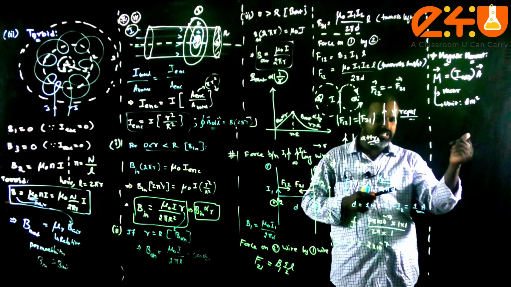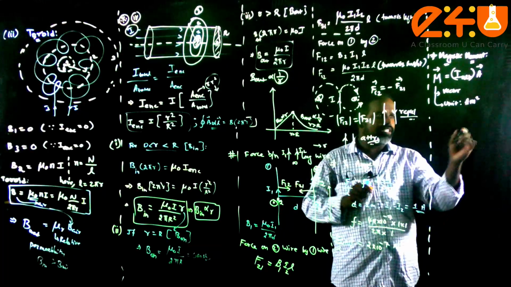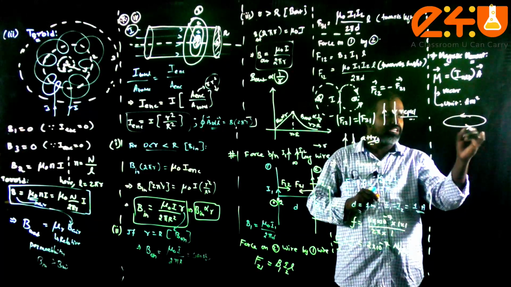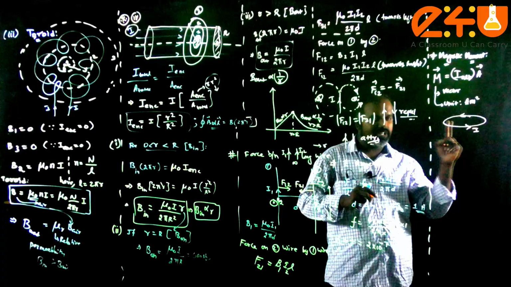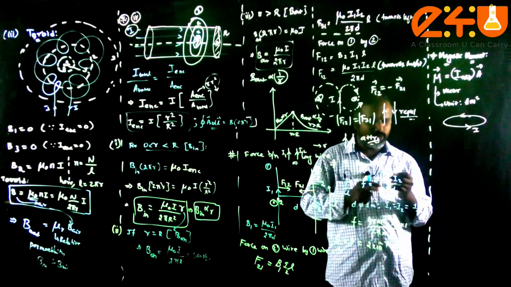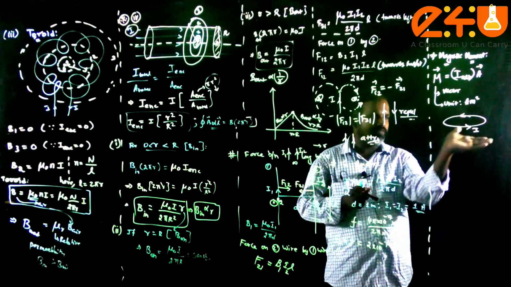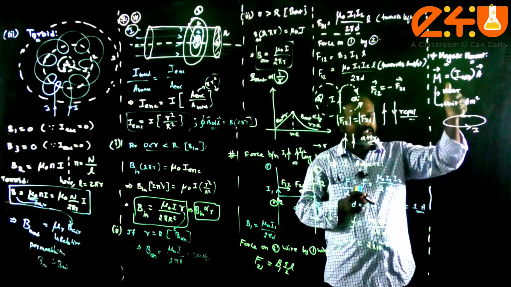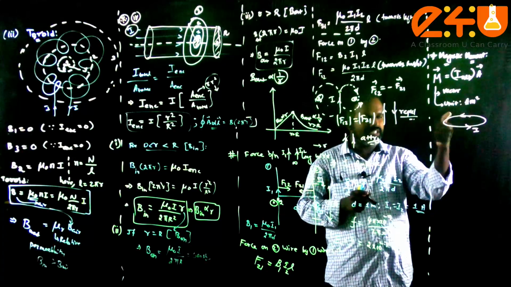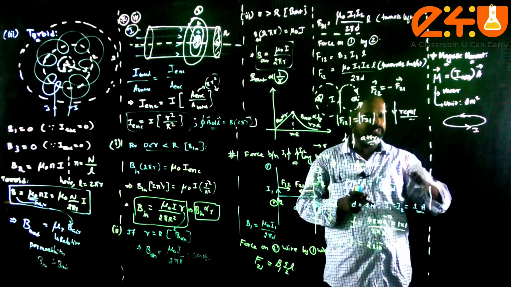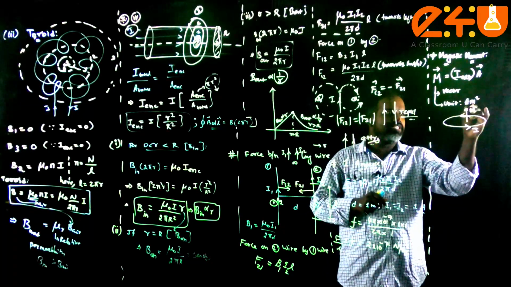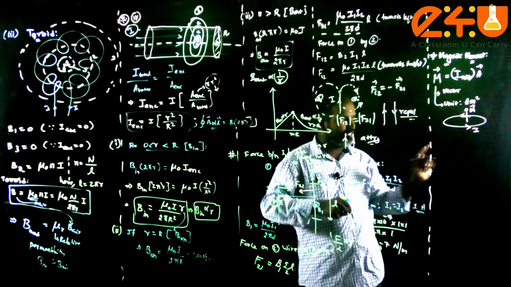Again, the right hand thumb rule. Let us consider this to be the direction of the current in a circular current carrying wire or loop. Then, as we said, you apply the right hand thumb rule here. The thumb points upward when the current is represented by the curling fingers. So in this case, the direction of the M vector is the outward normal. This is the ring.